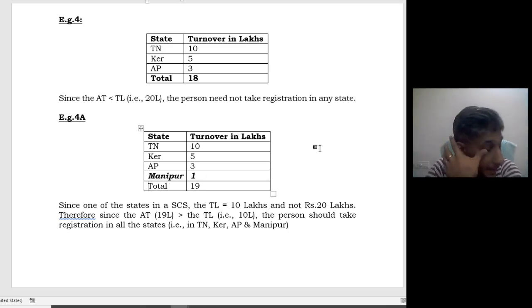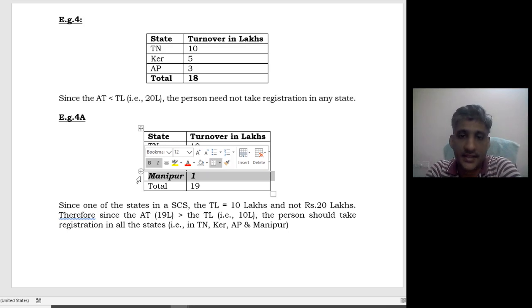So, to repeat, if one of the states is a special category state, then it is not 20 lakhs, then it is 10 lakh.